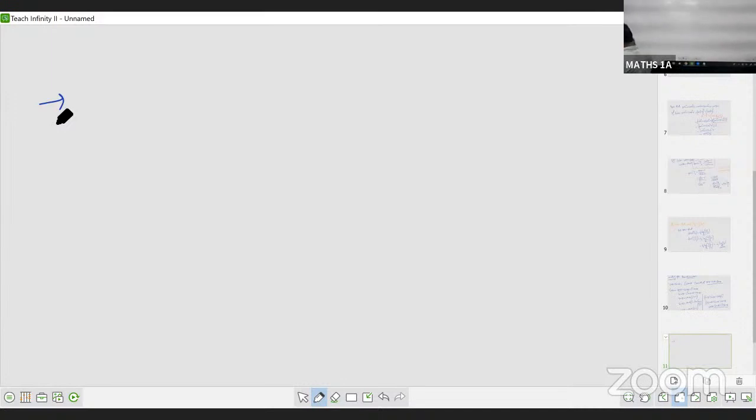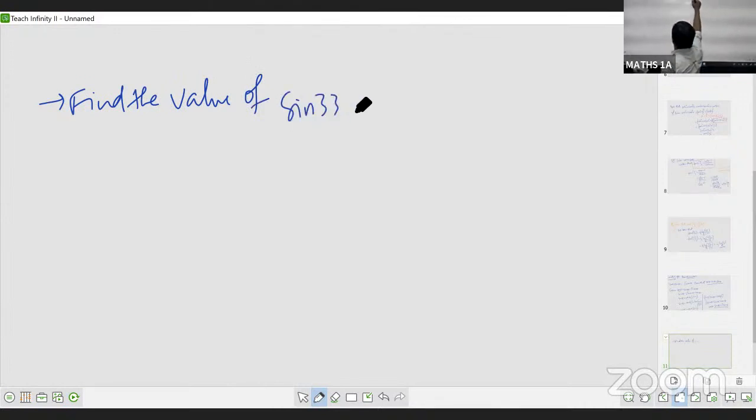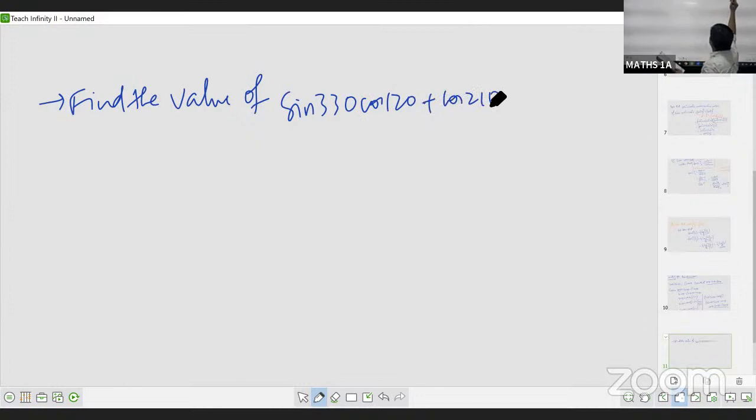Okay, now find the value of sin 330 cos 120 plus cos 210 sin 300.